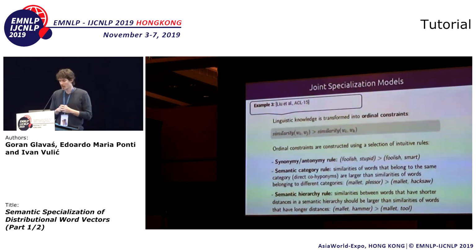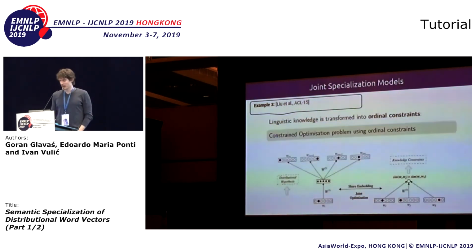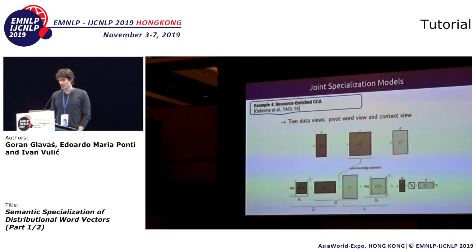So for example, similarity of words that are direct synonyms should be higher than the similarity of antonyms, and then they had a list of rules for how to impose these ordinal constraints on the model, and they treated it as a constraint optimization problem, a skipgram-style objective with the resource-based objective based on these ordinal constraints. So that was the idea.